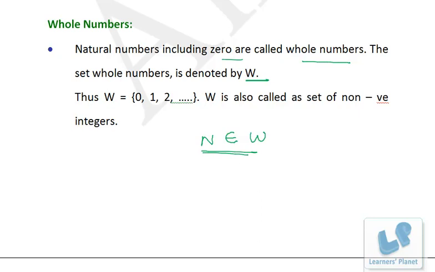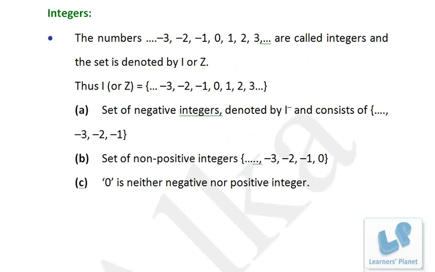Similarly, let's discuss integers. We have natural numbers, we have whole numbers. Now integers are negatives and positives as well as 0. So the negatives of natural numbers as well as 0 and natural numbers themselves, all of them make the set of integers.